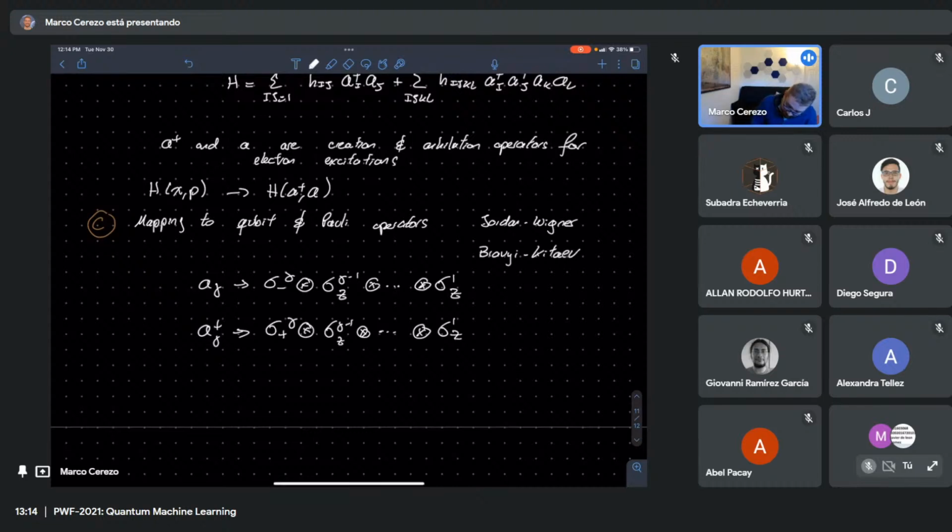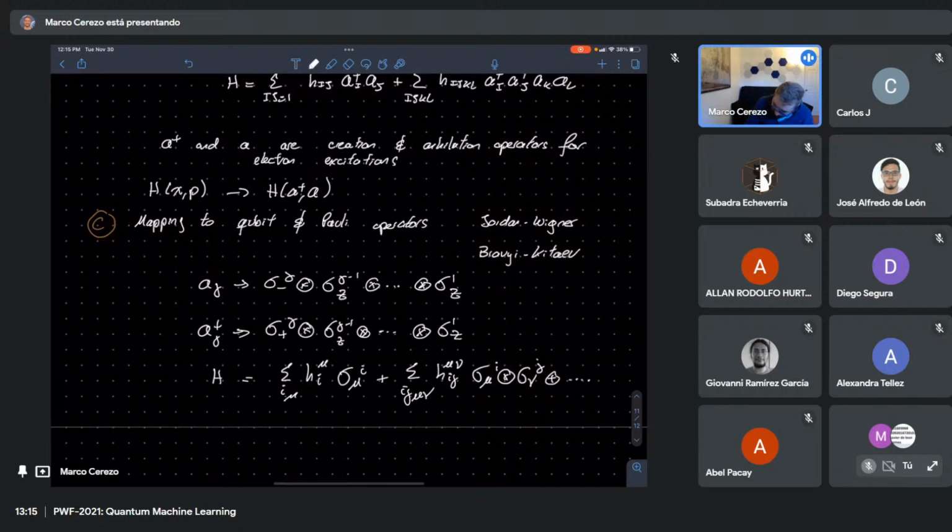So now what I end up getting is a Hamiltonian that is essentially of the form: sum over i, alpha, h_i alpha, let's use mu, this is a notation that we've been using, mu sigma mu on qubit i, plus a summation over i, j, mu, nu of h_ij mu nu, sigma mu on qubit i tensor product sigma nu on qubit j, plus higher order Pauli strings.